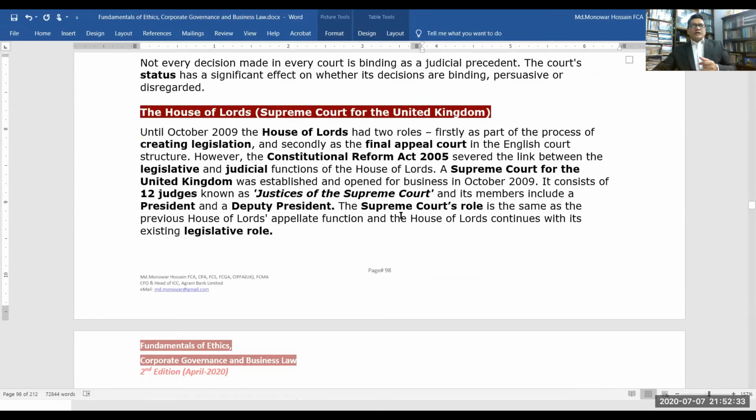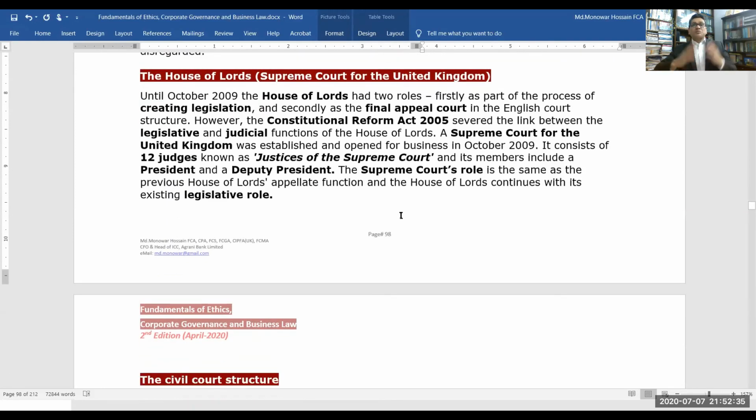Okay, so the House of Lords, the Supreme Court of the United Kingdom. Until October 2009, the House of Lords had 2 roles.